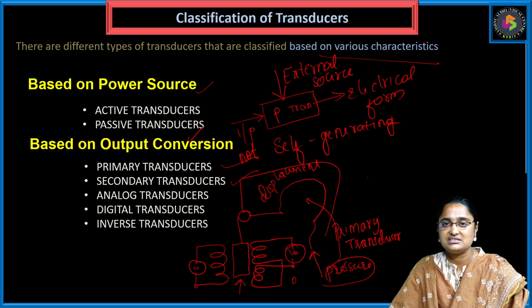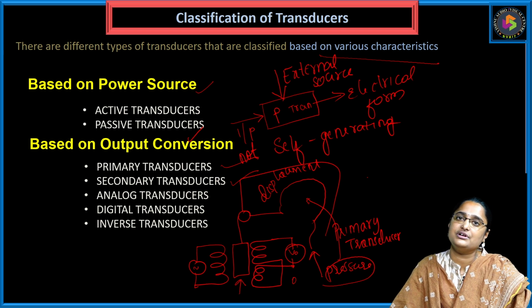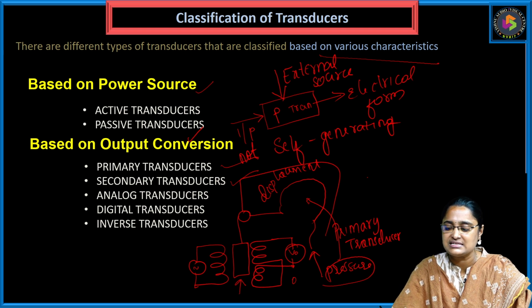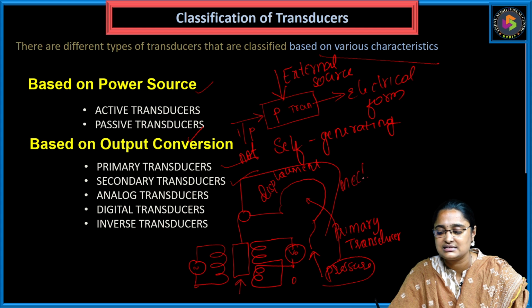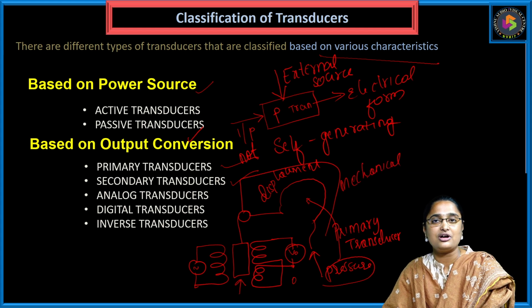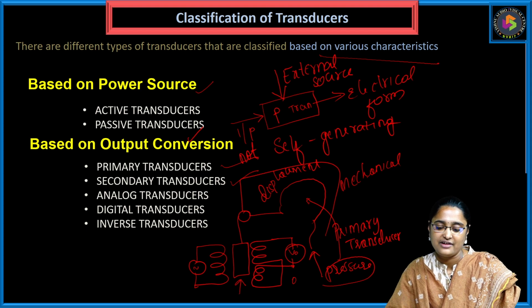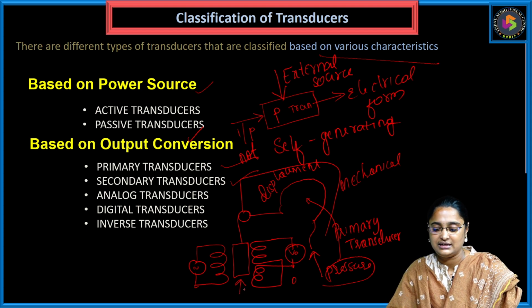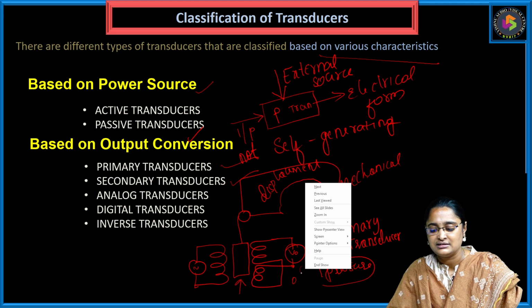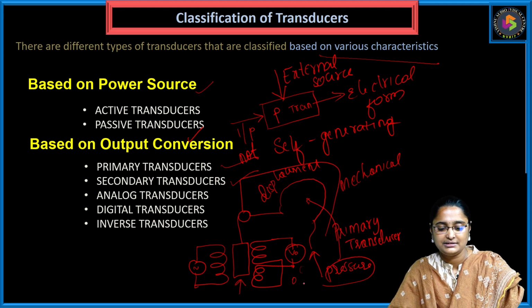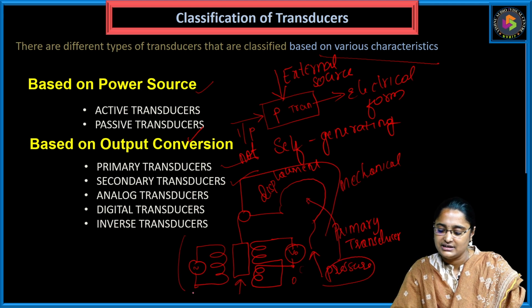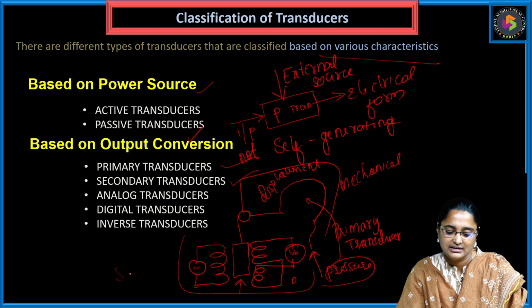Pressure is a physical phenomenon which is converted into a displacement, so there is some mechanical action taking place. Because of this mechanical action, we have the movement of the core of the LVDT, that is the linear variable differential transformer, and we have changes in the output. So here the LVDT acts as a secondary transducer.